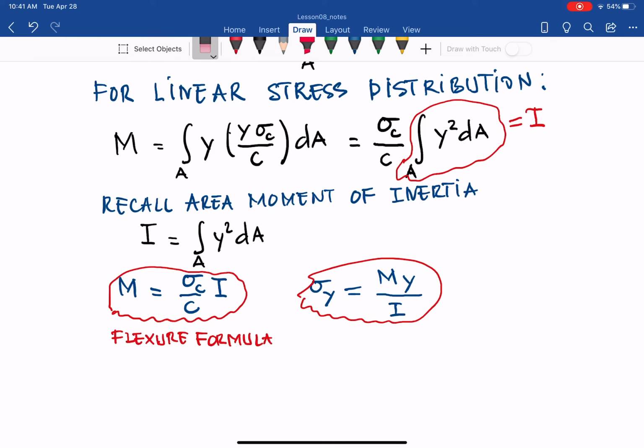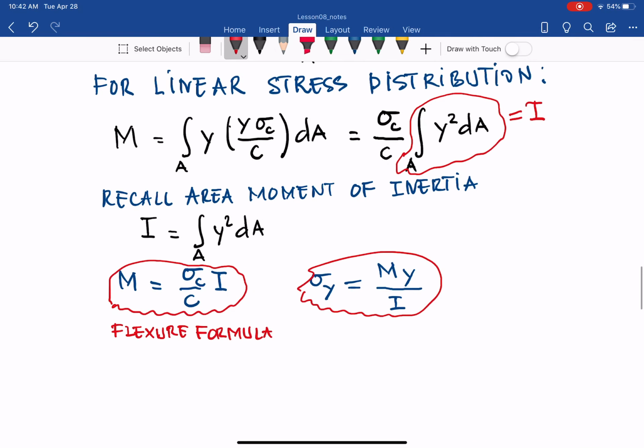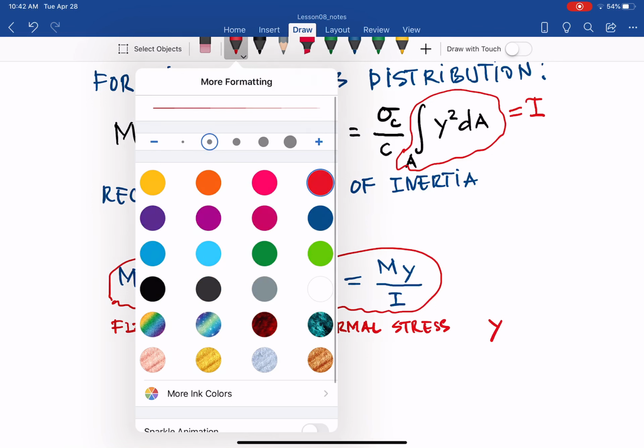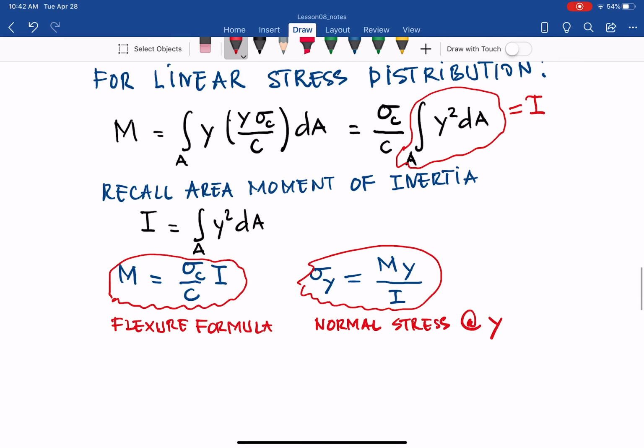Now, given the moment applied, I can find the normal stress at a given point on the cross section from the neutral axis. So this is basically the normal stress at y, by definition. Y from where? Y from the neutral surface. Okay, from the neutral surface.